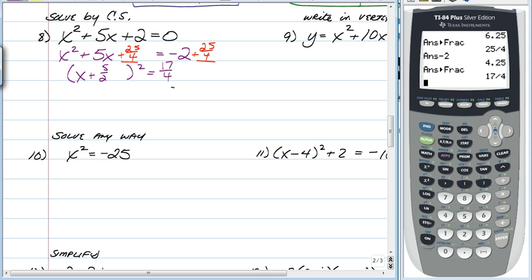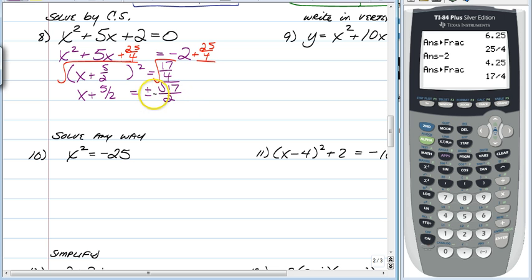Okay, but now we're solving. This is not writing in vertex form this time. So what we need to do here is square root both sides to get rid of the squared symbol. That's going to give us x plus 5 halves is equal to plus or minus the square root of 17 over the square root of 4. The square root of 17 cannot be simplified, but the square root of 4 is just 2.